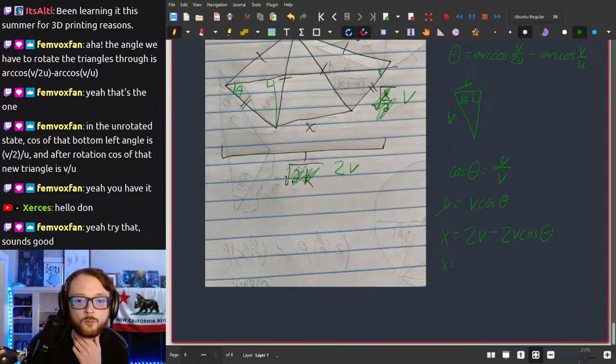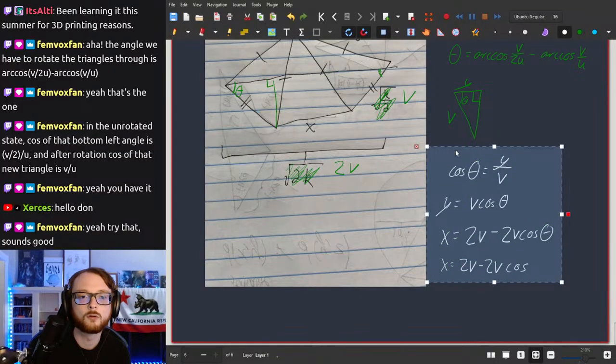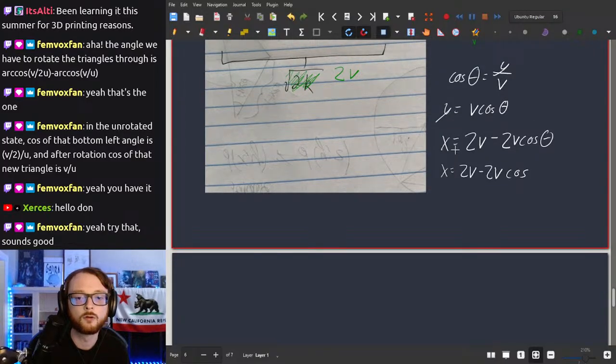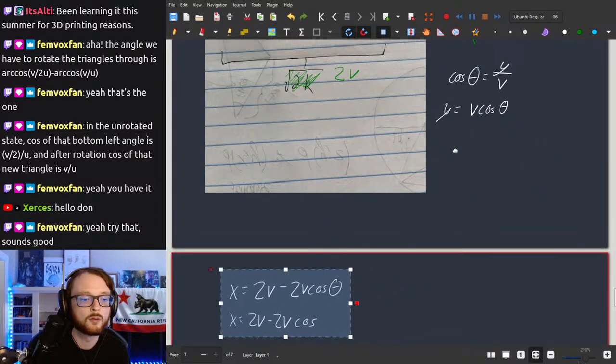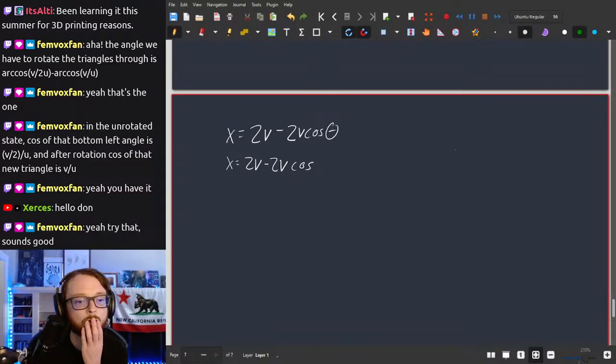And we can use a different identity. I kind of want to switch this to white.